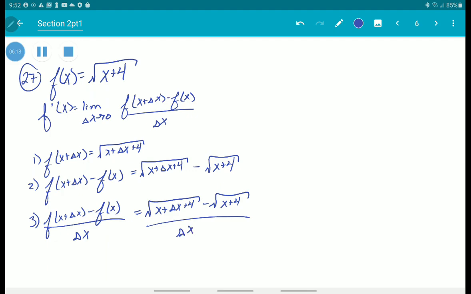So with a radical, you're going to have to take the conjugate and multiply the top and bottom by the conjugate. So the conjugate of this numerator would be the square root of x plus delta x plus 4 plus the square root of x plus 4. What I do to the top of the fraction, I have to do to the bottom, because math is always fair.